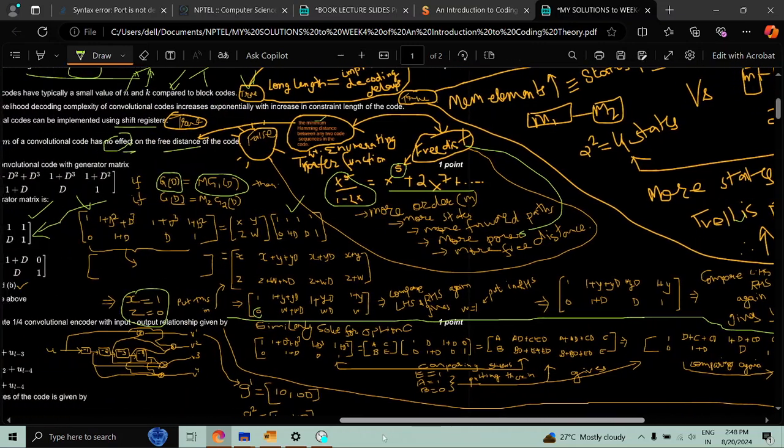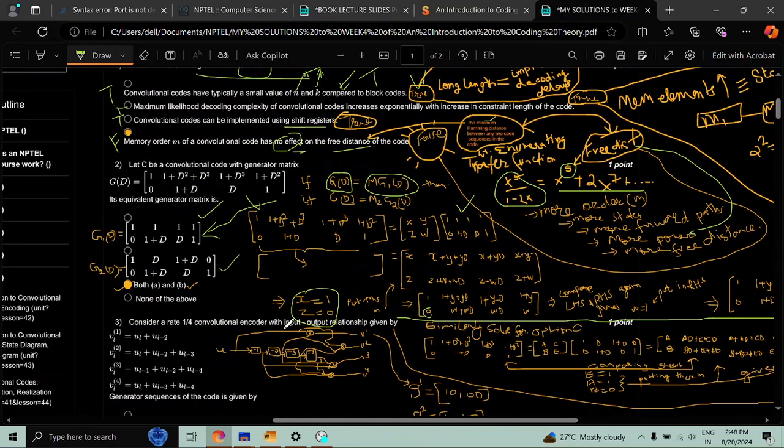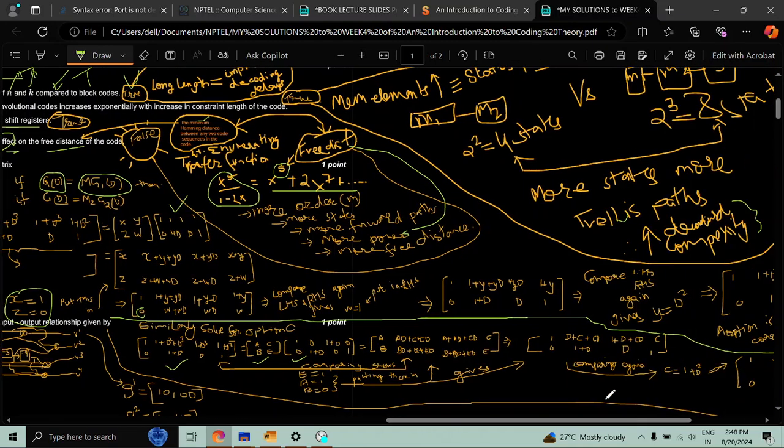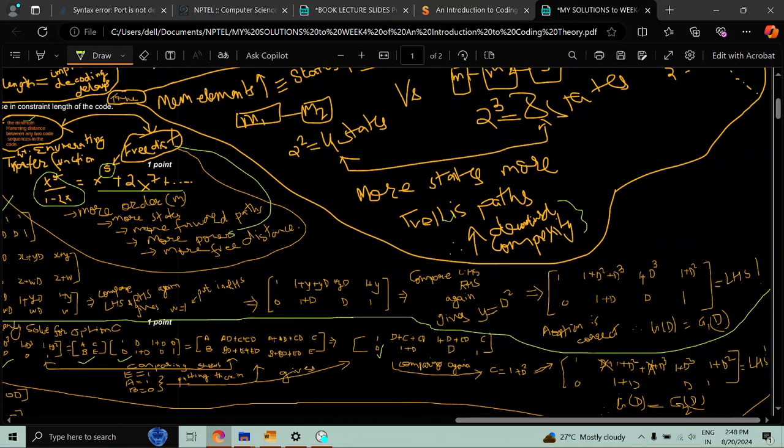Similarly, for this one also, I started with the LHS as given here, GD. RHS is the option, and then again plugging in the appropriate matrix, multiplying, comparing LHS and RHS, and solving gives LHS is indeed equal to RHS again.